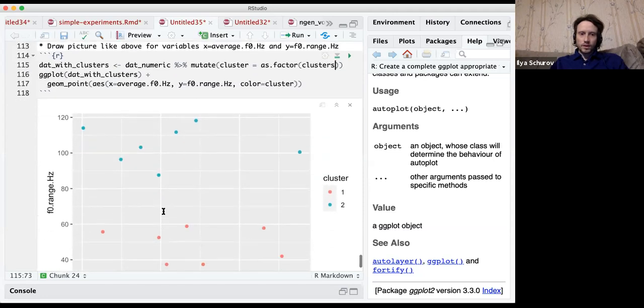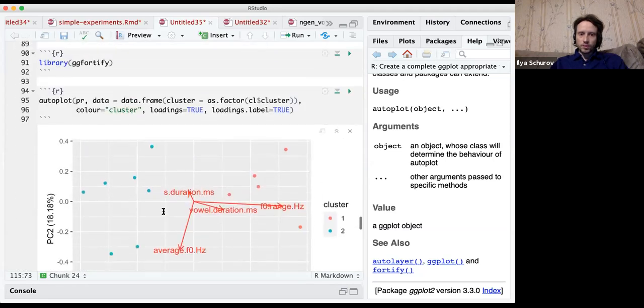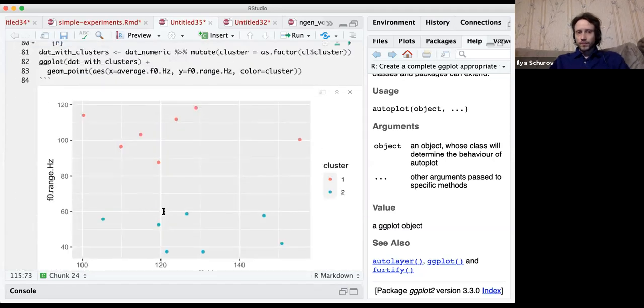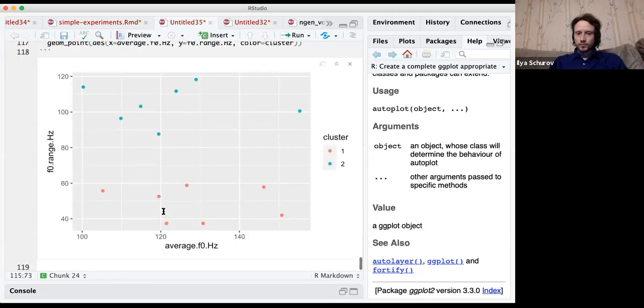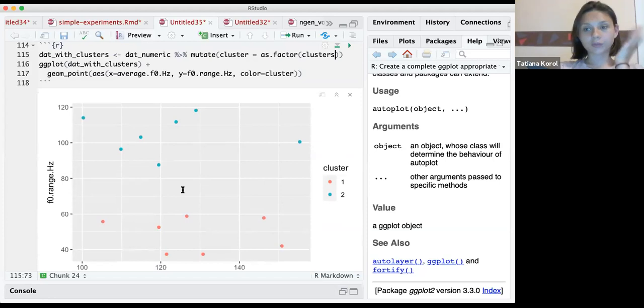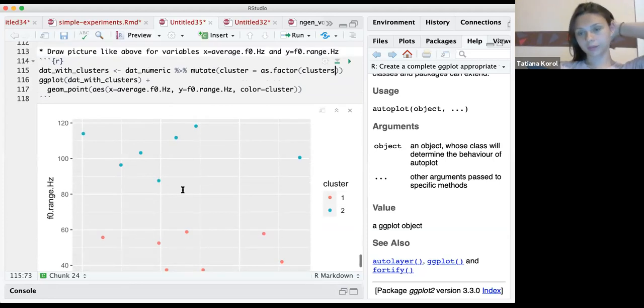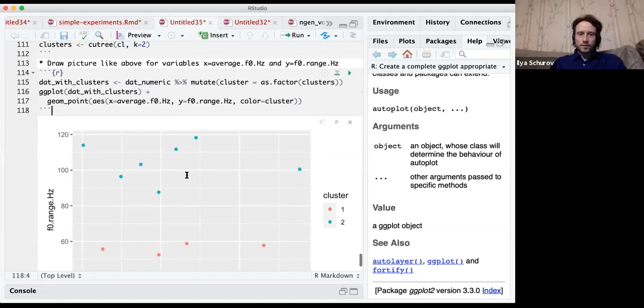And you see that this picture is very similar to this picture, despite the usage of different methods. So we see there is no difference between the methods we use, at least for this data set.